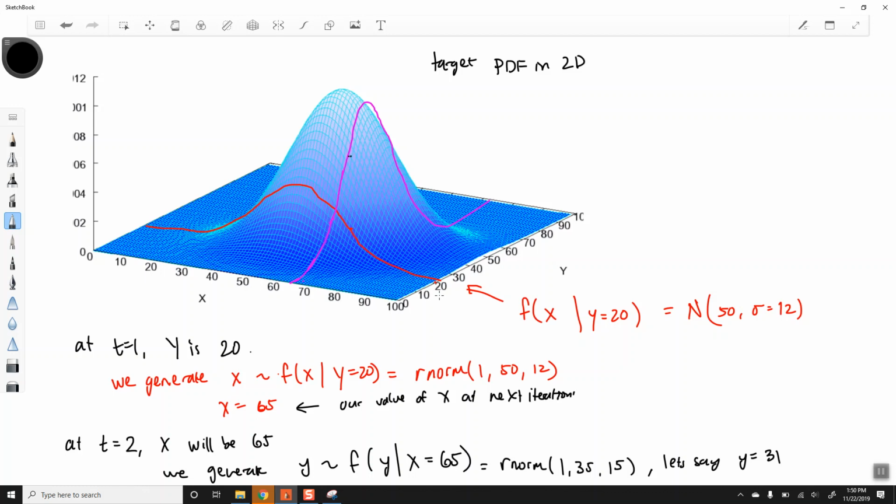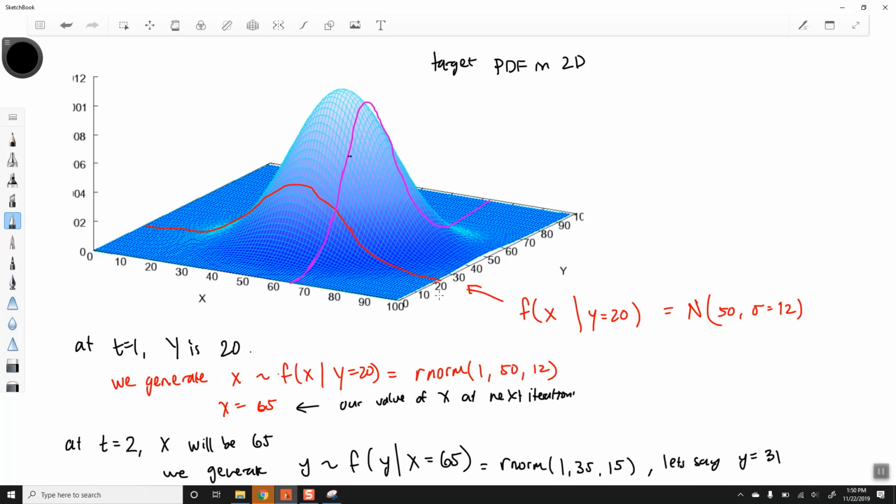So for every value, you take a slice of the multivariate, and when you take a slice, you get basically a univariate function, and you use the univariate function to generate one value. And then once you take that, you slice in the other direction and generate one value from the univariate thing.